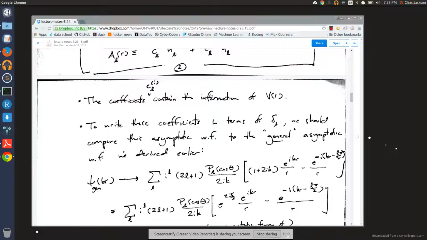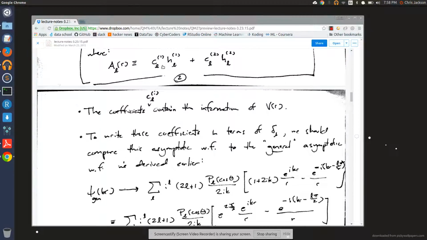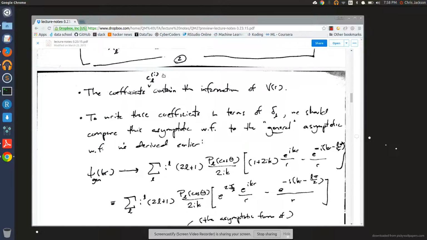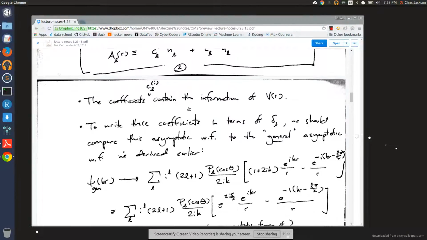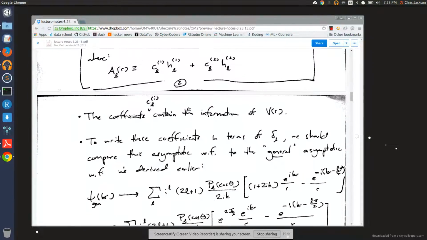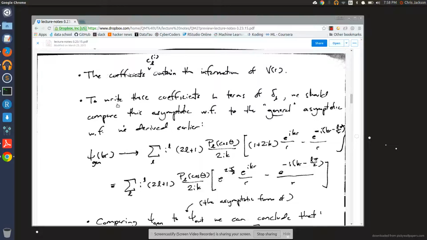Remember, our goal is to extract an expression for the phase shift. What we're going to do is write these coefficients in terms of that phase shift. To do that, we can make a connection with the expression of the total wave function, which includes the incoming and the scattered wave, and relate these coefficients, C_l, to what we had before. This is an expression that we derived last time.